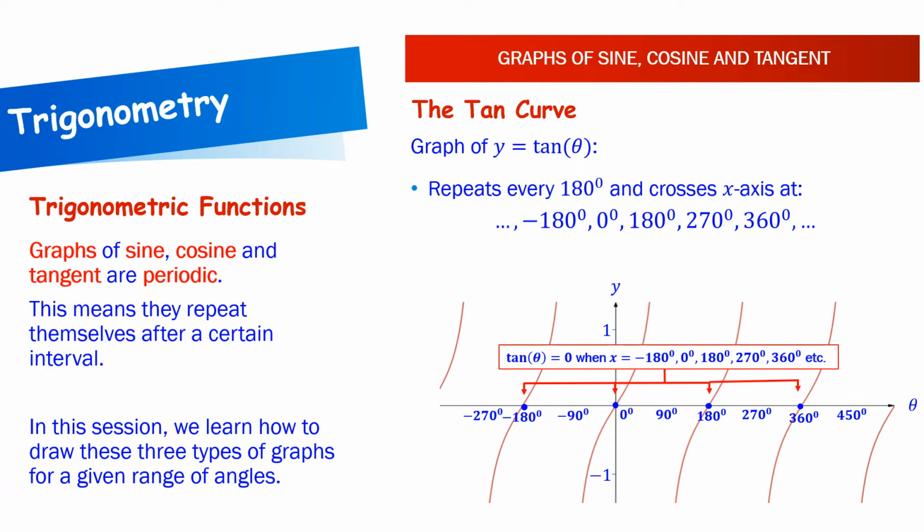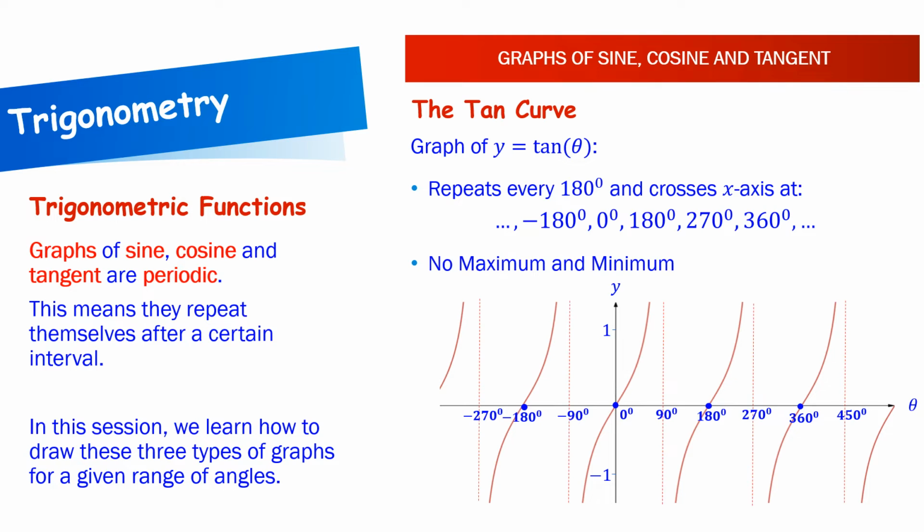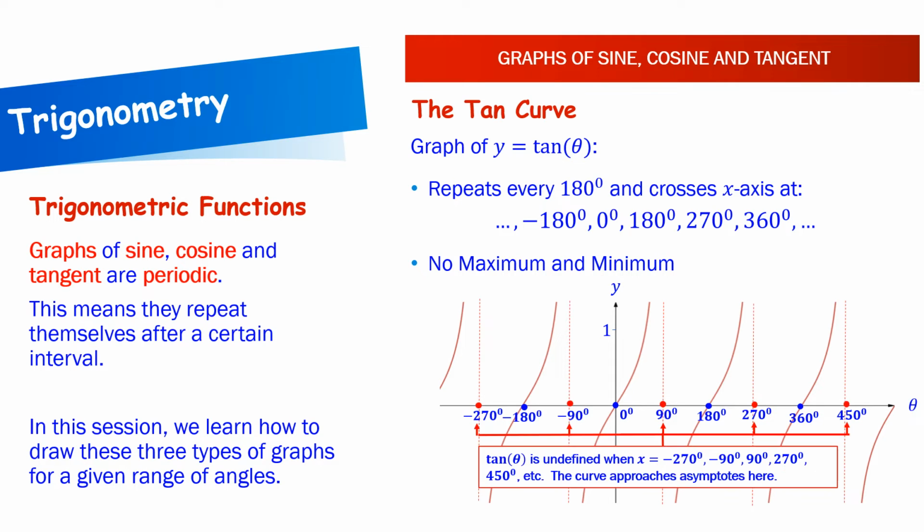So every 180 degrees. It has no maximum and no minimum. Instead, it has asymptotes or is undefined when x equals, for example, minus 270 degrees, minus 90 degrees, 90 degrees, and so on.